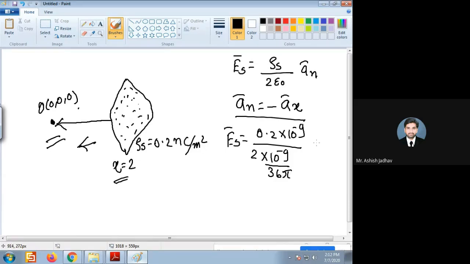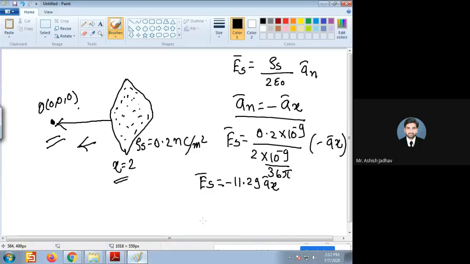Right? And multiplied by minus a bar x. So this is the electric field intensity because of the surface charge. Now if you calculate this, the value of ES bar is equal to minus 11.29 a bar x. Right.